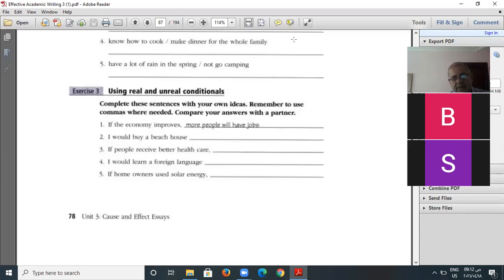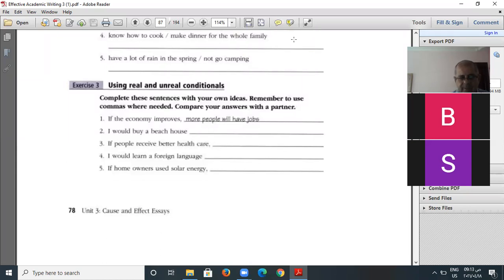Second way: people would save a lot of money if they used solar energy. What kind of conditional is this one? Real or unreal? Unreal. Unreal, meaning here we use simple past, yes.